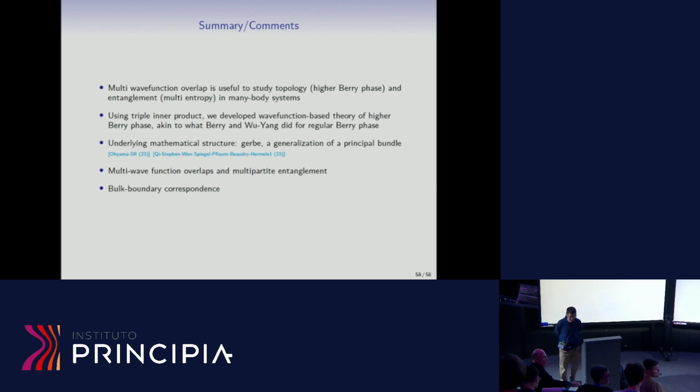Just a comment related to what I was talking about yesterday. If you have these high-value violations for two intervals, and you have the mutual information, you have the usual divergences when they approach. But you also have an additional constant term. It's kind of topological.